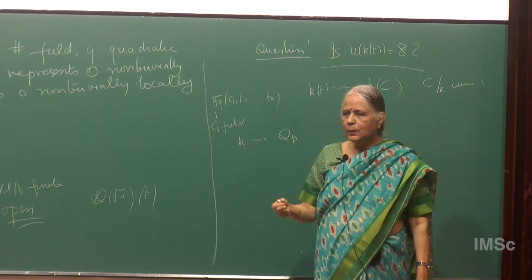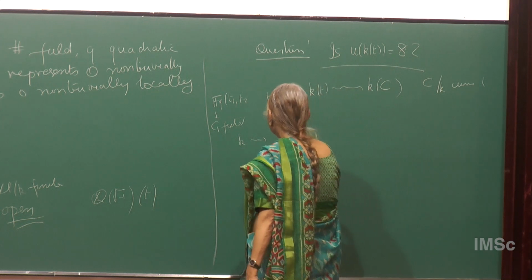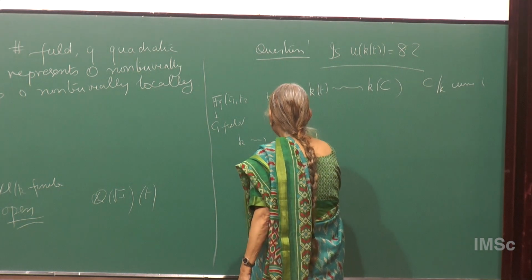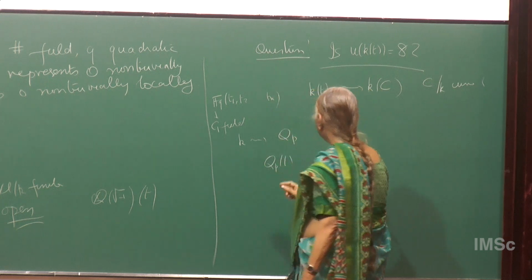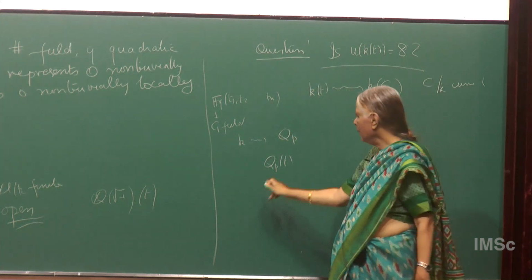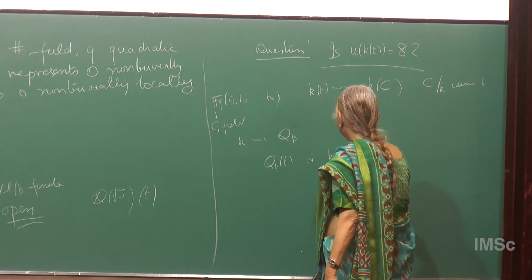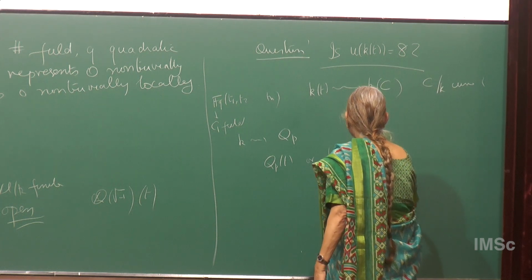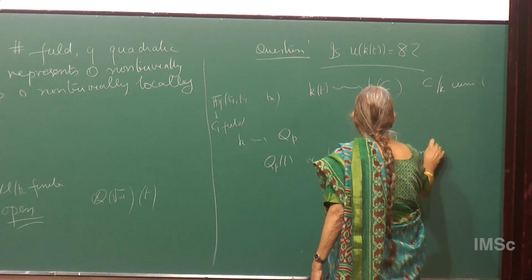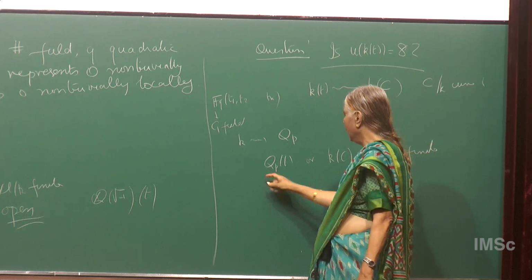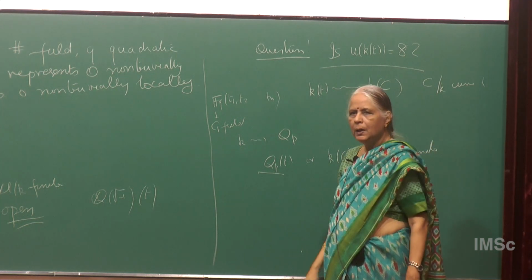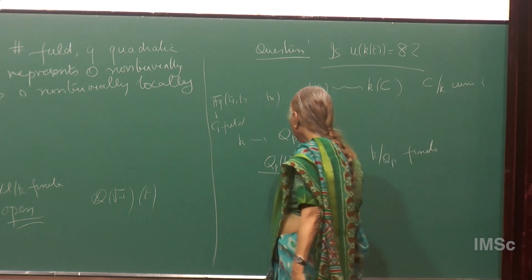When you pass from Q_p to Q_p(T), or even the function field K(C), where C is a curve and K is a finite extension of Q_p, the function field of a curve over a p-adic field, this is a typical example. Here it is true that the u-invariant is 8.